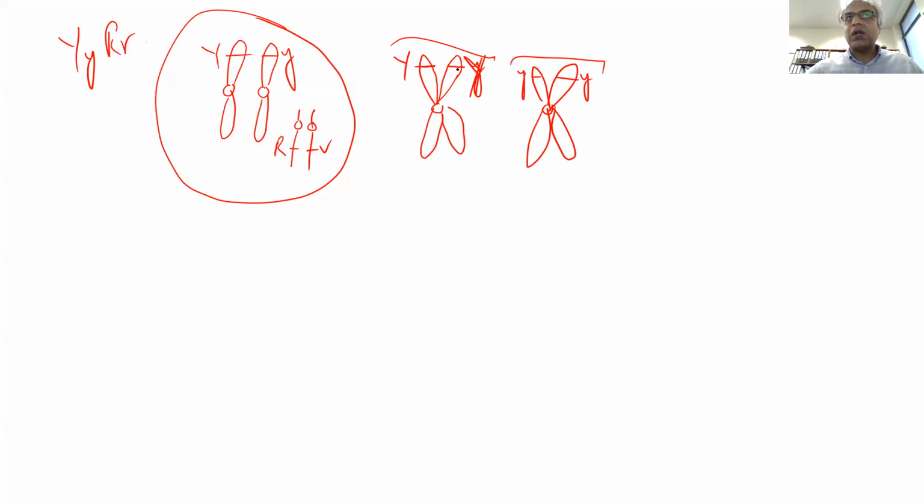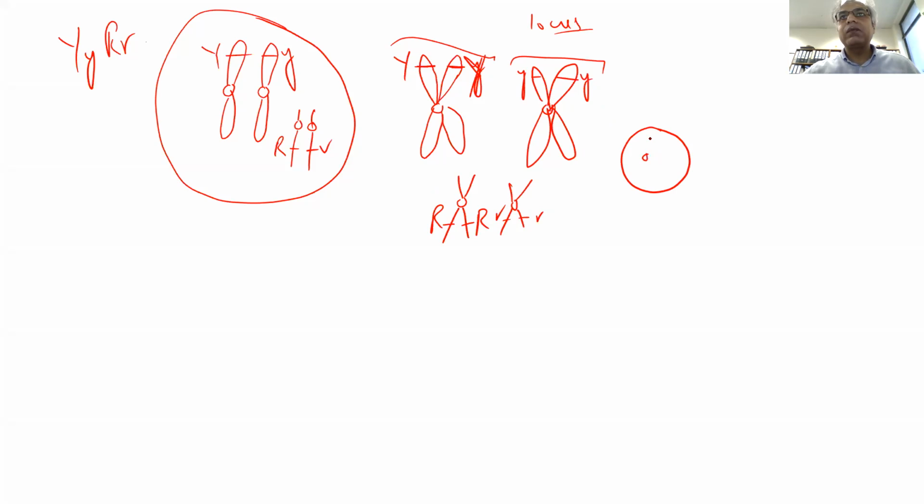The position of a gene on a chromosome is called a locus. The position of Y on the chromosome is called its locus. The position of round, the locus is like this, and this is wrinkled. Now, in meiosis 1, what happened?